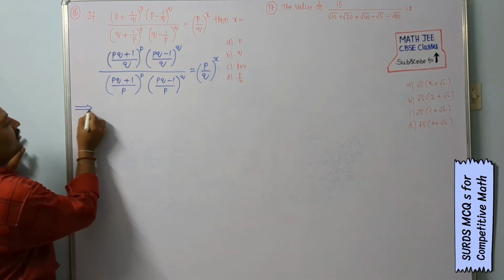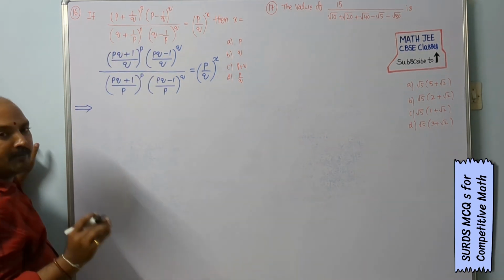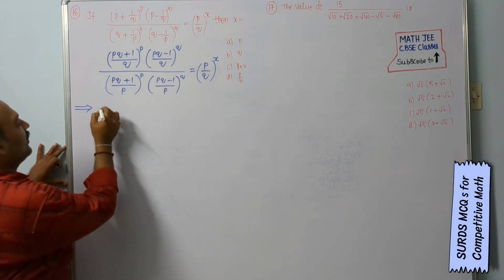That implies (a by b) whole power m means a power m by b power m.